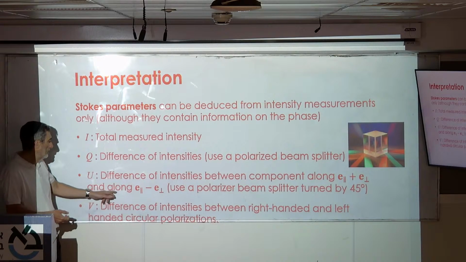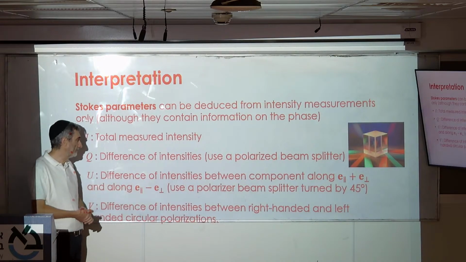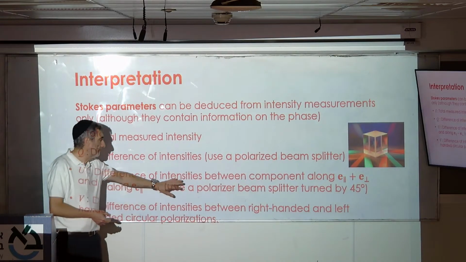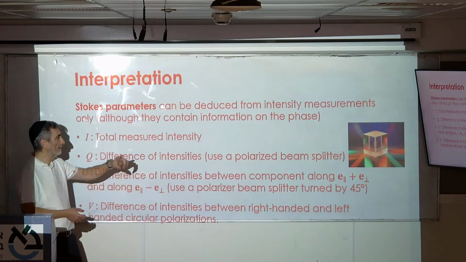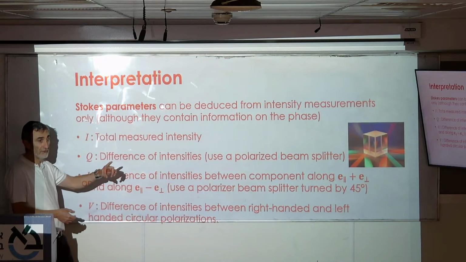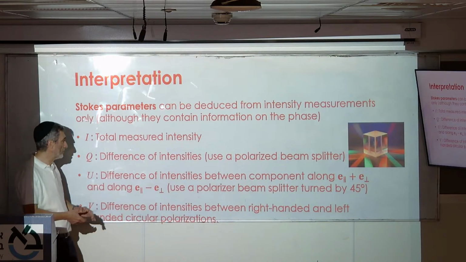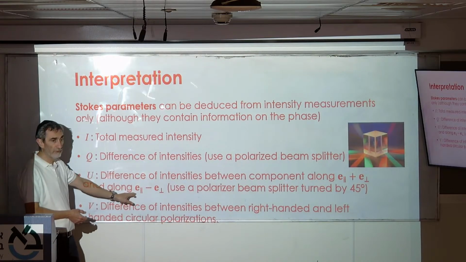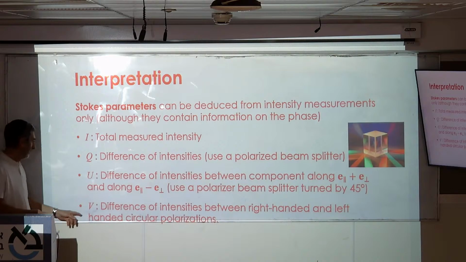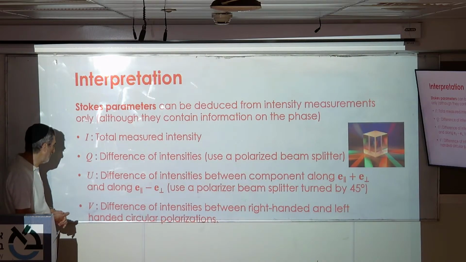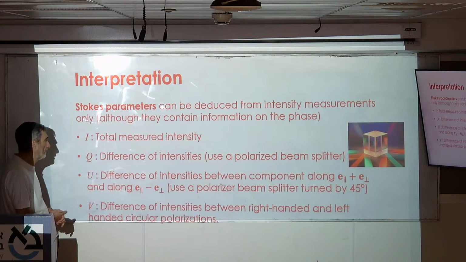That's more complicated. You need to transform the beam into a circular polarization. But just with these 3 measurements, this one is not needed. With these 3 measurements, you get all the information on the amplitude and the phase of each component of the field. So actually you can retrieve all the information by using simply intensity measurement.